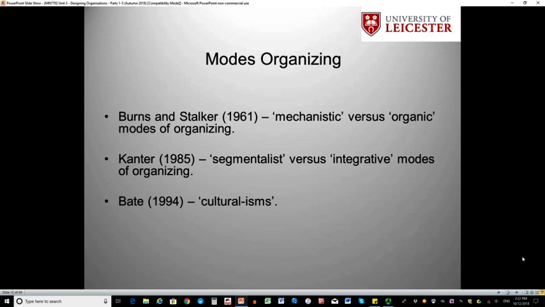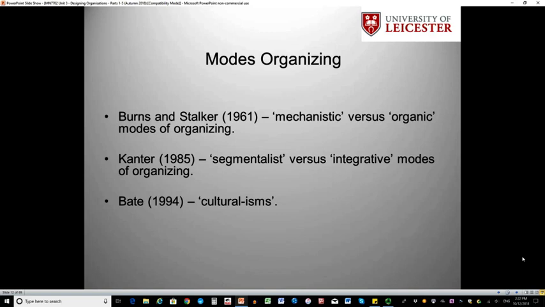I want to then look at some work by Cantor. She's an American academic, and although her work is presented in quite a different way, the typology she comes up with, segmentalist versus integrative, is actually quite similar to the typology of Burns and Stalker.